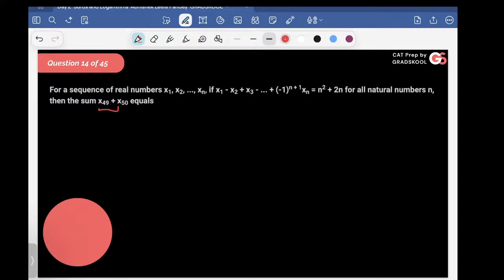Starting with x1, starting with 1 or 50? अच्छा, ऐसे किया। There are multiple ways to solve this.